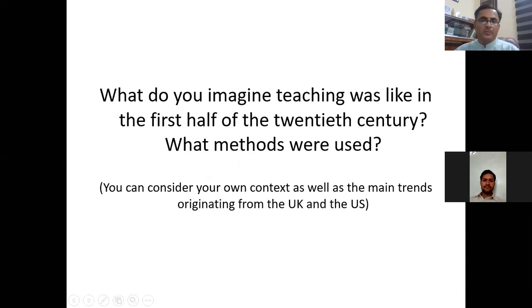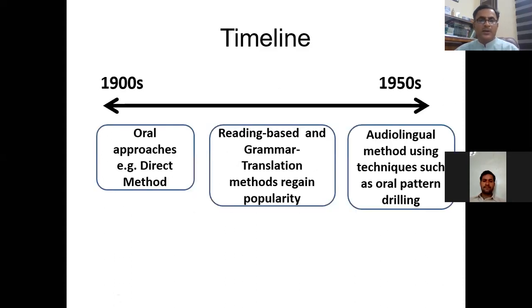What do you imagine teaching was like in the first half of the 20th century? What methods were used? Now, this is a brief description of that. I'm just trying to put it in this way, that we see 1900 to 1950s. In these 50 years, we have a lot of focus on the grammar translation method in the center.